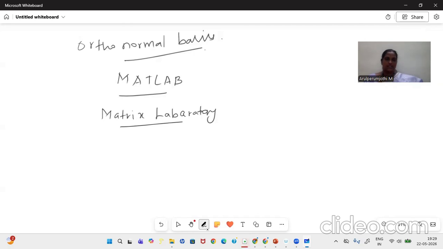So in this, I'm going to solve the same problem to check whether the orthogonal basis and the orthonormal basis are correct.